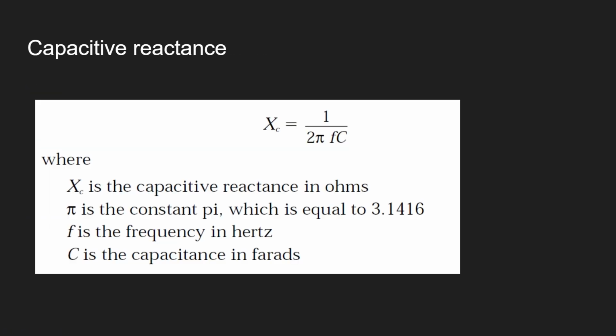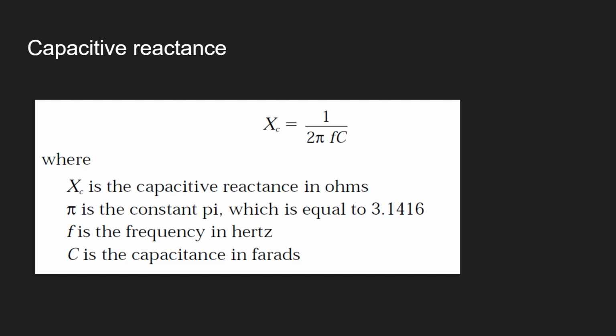Okay. So for capacitor, they have a capacitive reactance, which we call XC, and XC is equal to 1 over 2 pi FC, which is inversely related to capacitance and frequency. So you know that XC is directly proportional to 1 over F, which means when frequency is very low, reactance will become very large.